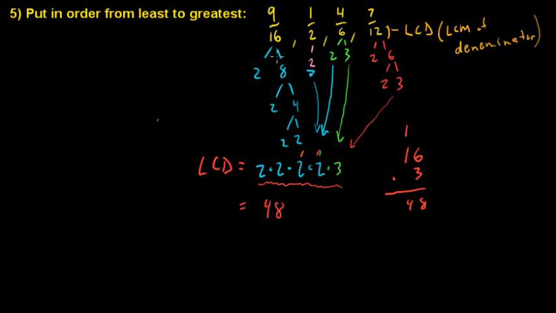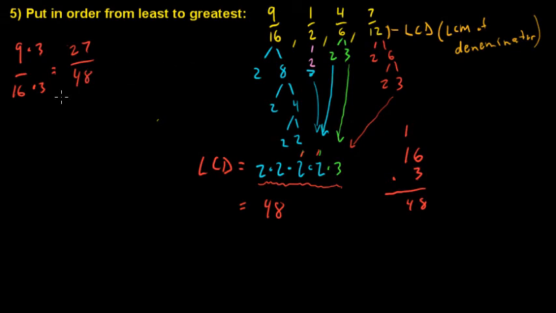Now we have to take these fractions and convert them to a denominator of 48. So we have 9 over 16. If we multiply 16 times 3, and multiply the numerator right here by 3, you end up getting 27 over 48.